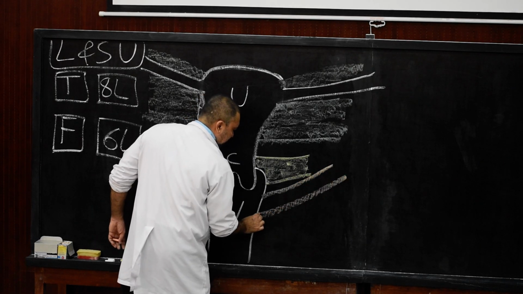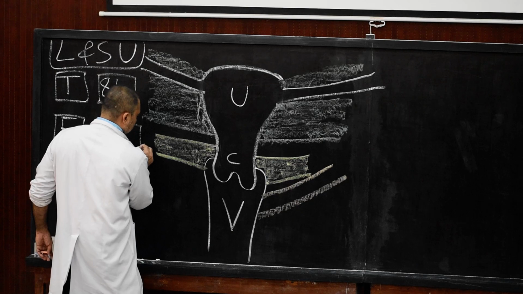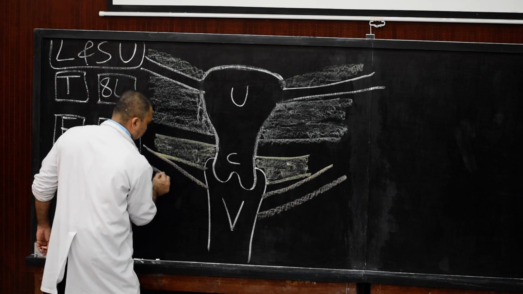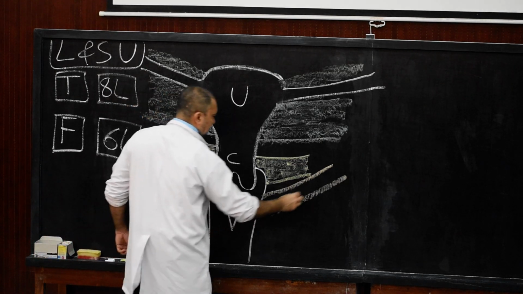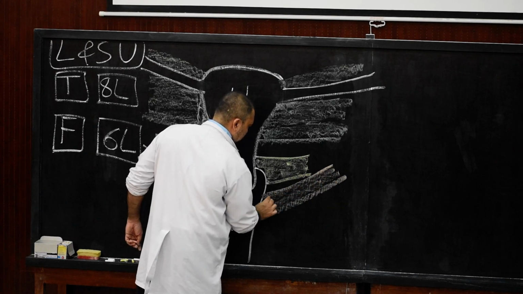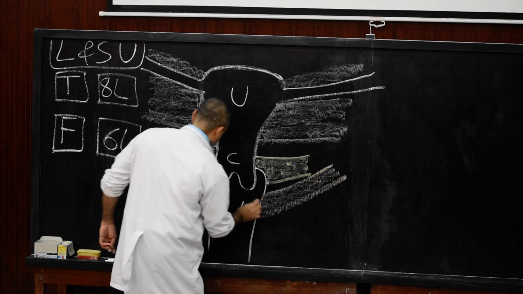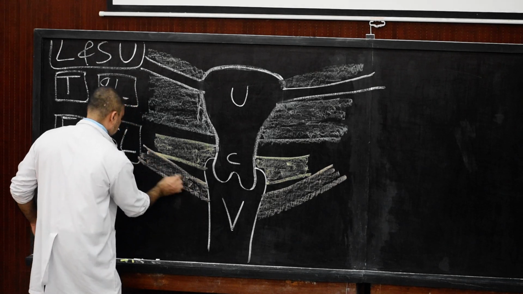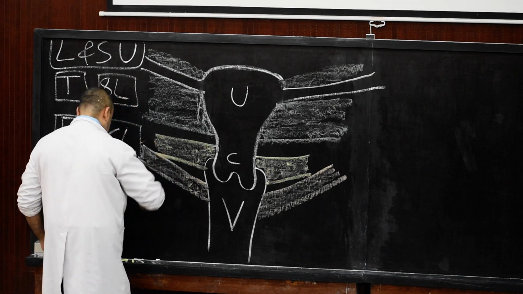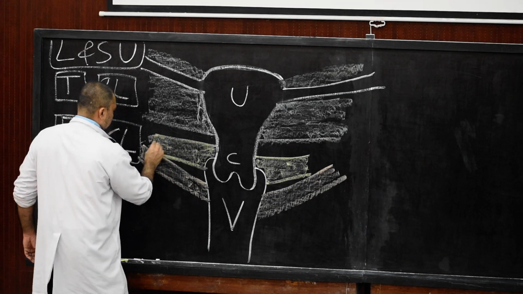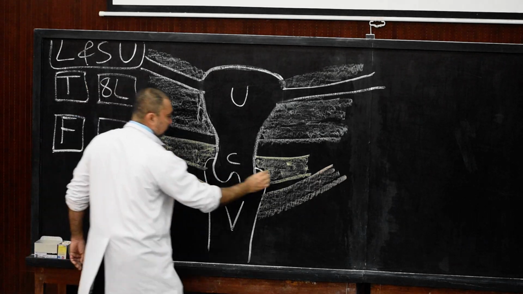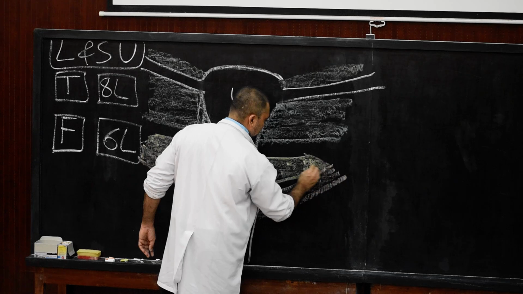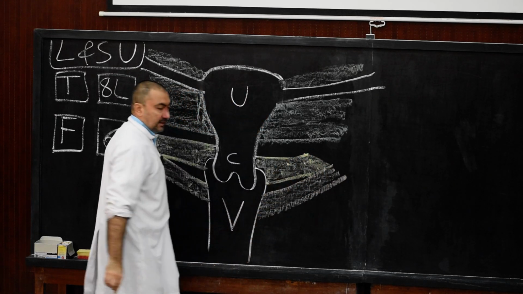Here we put some color, and this will serve as the attachment of levator ani. In this levator ani, there will be merging of fibers of the transverse cervical ligament.